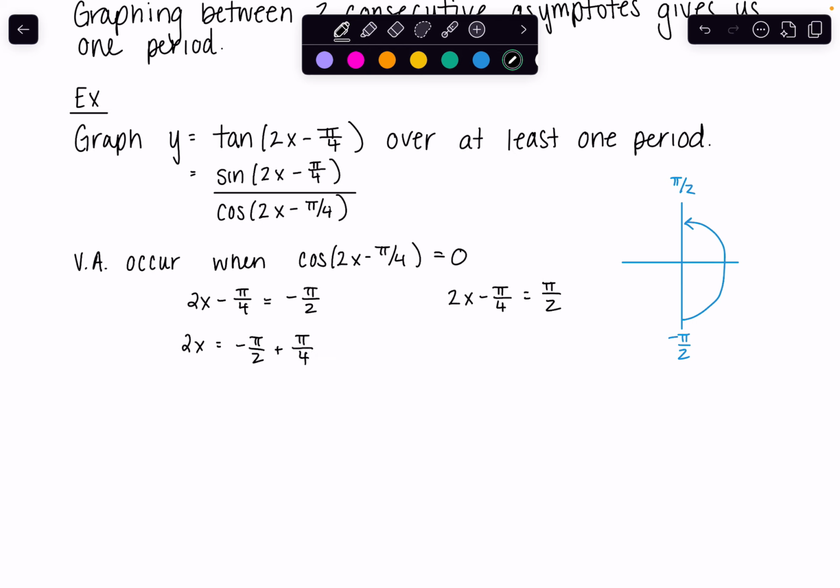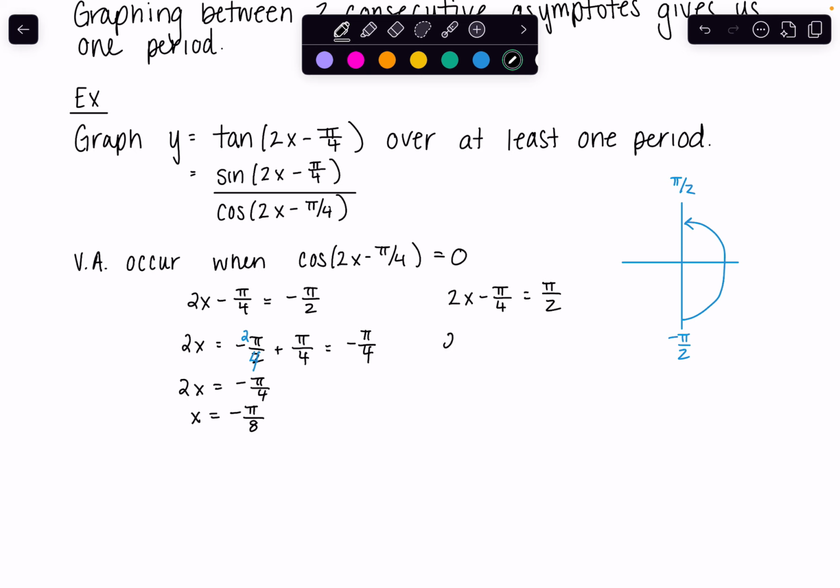Now to get this with the same denominator, again, multiply by 2 over 2. So that's the same thing as 2 over 4. So adding that gives you negative pi over 4. Okay. Well, that's 2x. So really this is saying 2x is equal to negative pi over 4. Dividing by 2 tells us our first asymptote occurs at negative pi over 8.